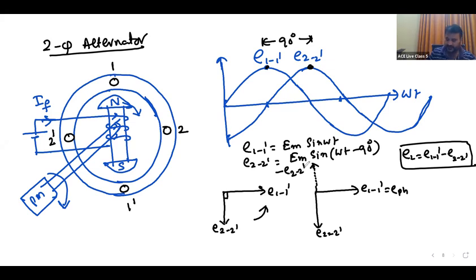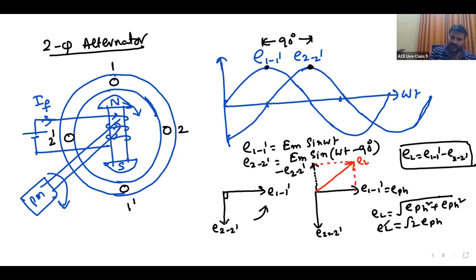Then what is the line voltage? This will be the line voltage, EL. The magnitude of EL is equal to square root of EPH square plus EPH square, that is equal to root 2 into EPH. So in a two-phase machine, line voltage is equal to root 2 times the phase voltage.